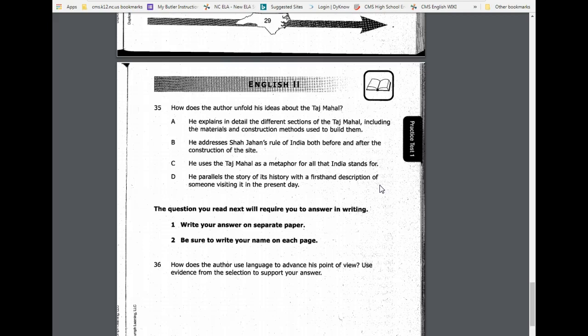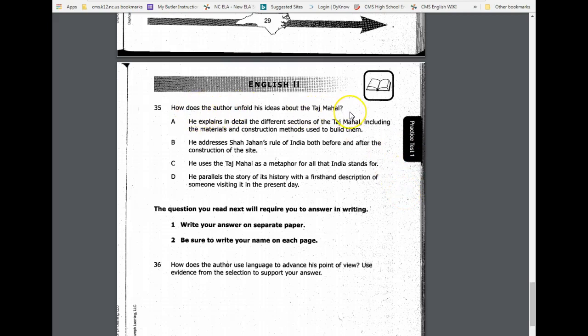That's why process of elimination is so important, because in this case, the answer choices are helping you to narrow down what the passage is about so you can figure out what this question means in the first place.